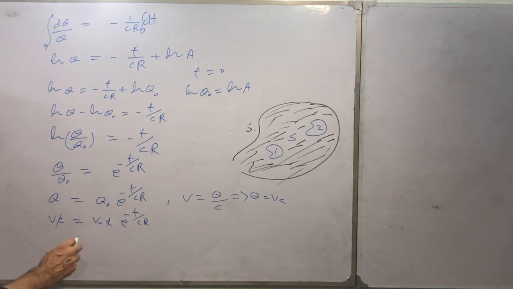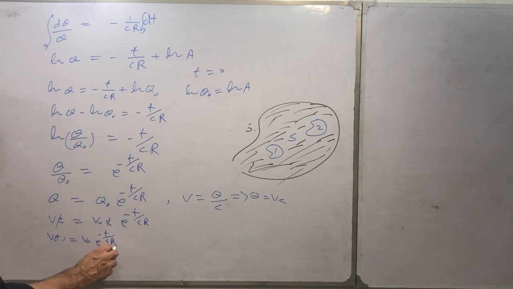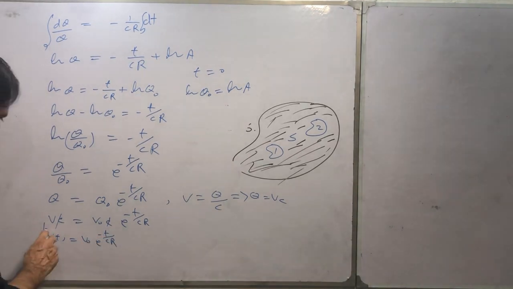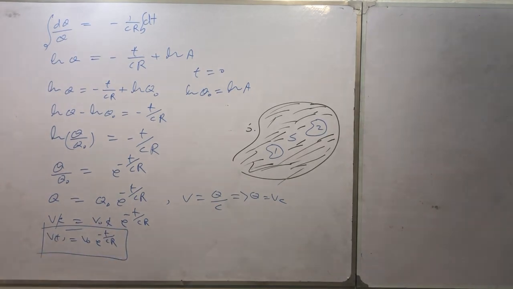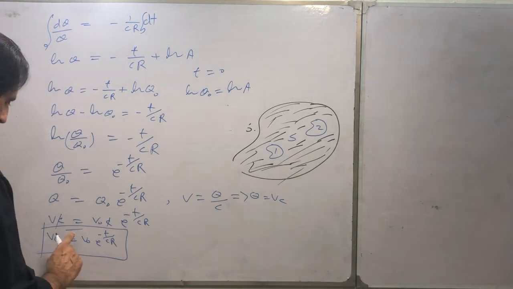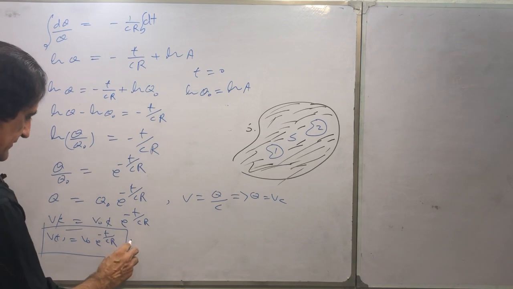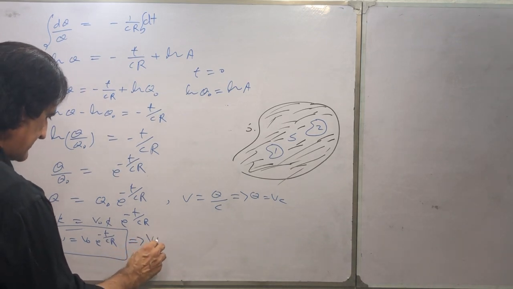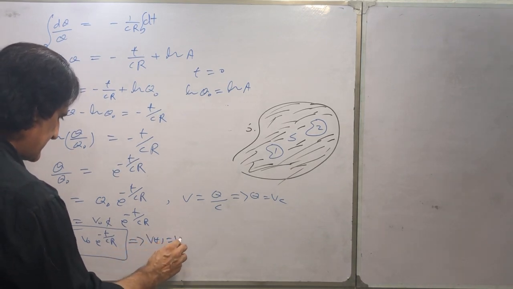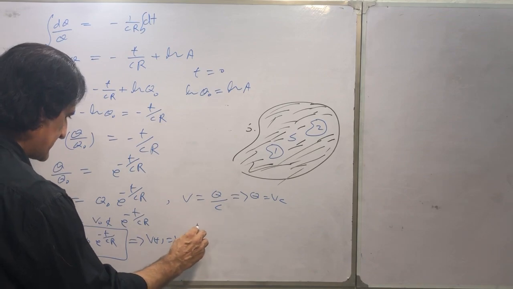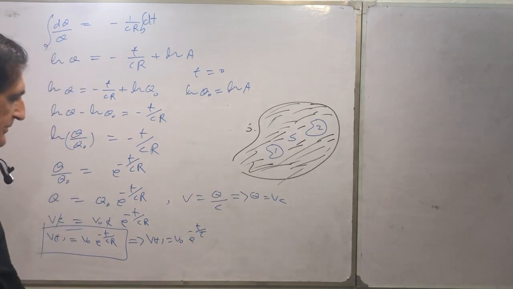The C's cancel out, and then V of t is equal to V naught e to the power minus t divided by CR. So this is the required expression, but CR they have written as tau: V naught e to the power minus t divided by tau.